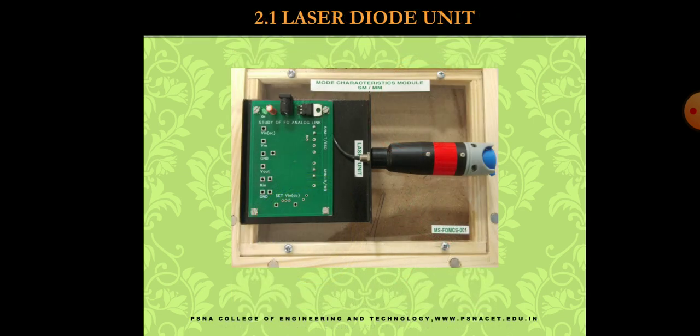The first device is the laser diode unit. The laser diode unit comprises a laser diode operating at 650 nanometer with a peak output power of 3 milliwatt. Optical power from the laser is coupled to the fiber through the ceramic 2.5 mm ferrule.